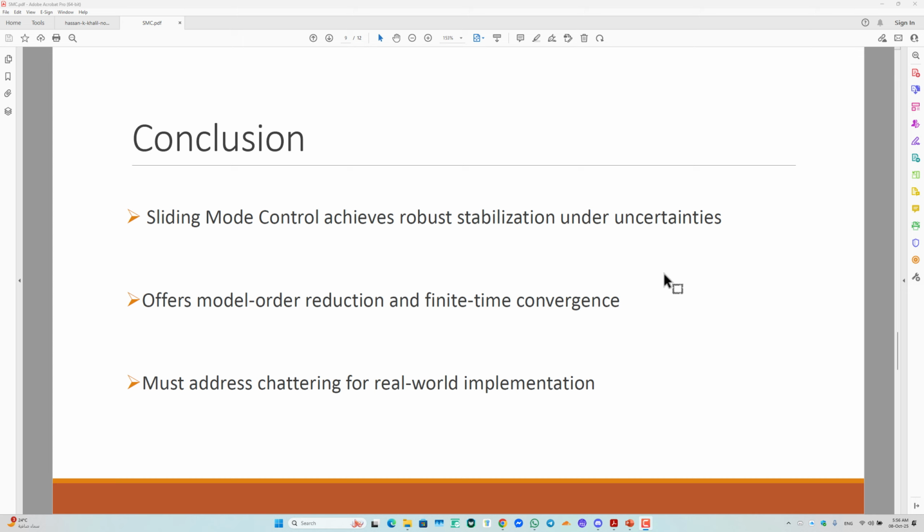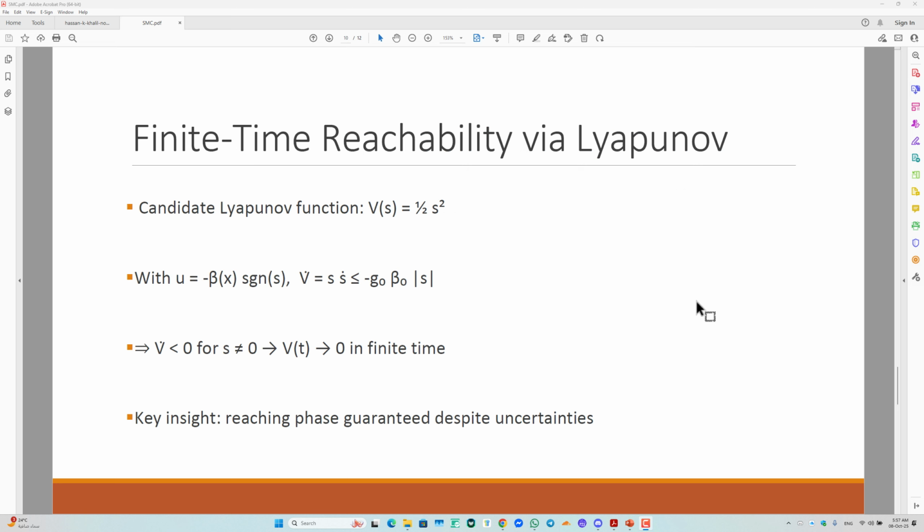Before wrapping it up, let's take a closer look at why sliding mode control achieves finite time reachability. We pick a Lyapunov candidate function V of s equals half s squared with a control law u equals minus beta of x sign s.